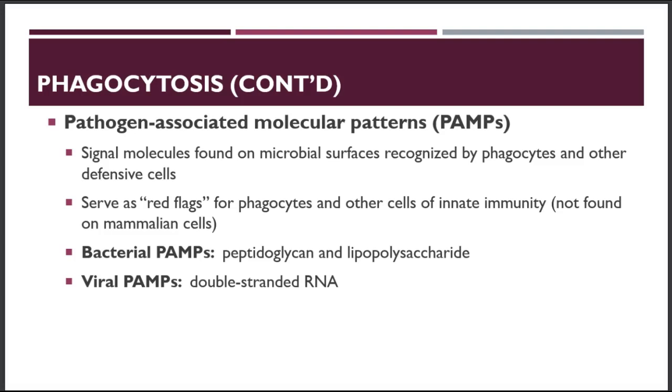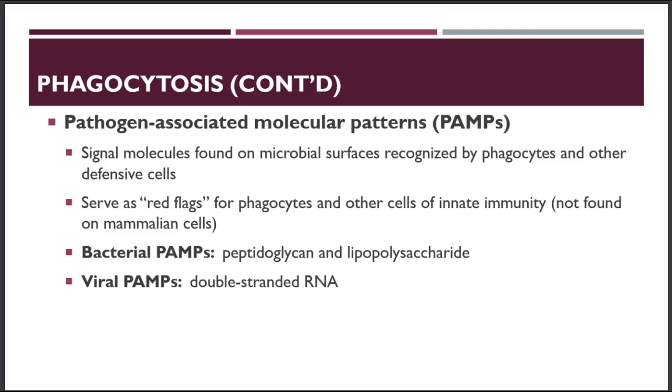Okay, so our phagocytic cells are going to recognize these pathogen-associated molecular patterns, or PAMPs, on our pathogens. These are sort of red flags for our phagocytes that this structure, this cell, is not self.